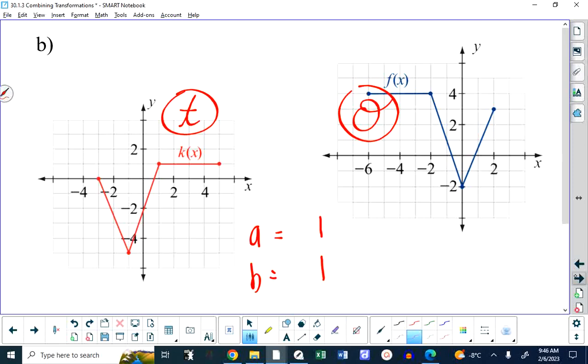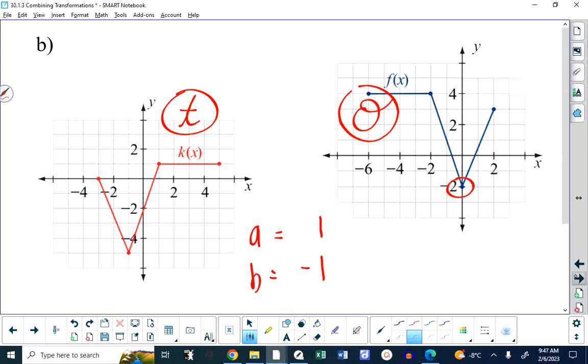The total height of this beast is 6, and I believe the total height afterwards is 6. The only thing is that left to right, this thing is backwards. So B has to be -1. There's been a horizontal reflection. Now we need to know H and K. I'm going to pick this point as a starting point.